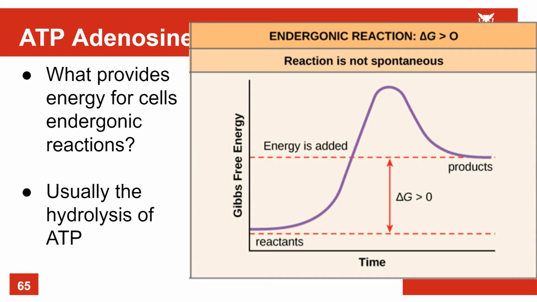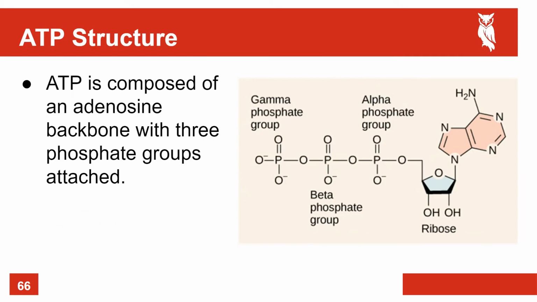So when delta G is greater than 0, what kind of reaction is it? Endergonic. If it's less than 0, it is exergonic. What is delta G? Change in free energy. Very good. Remember, endothermic and endergonic are relatively the same thing, except we're talking about energy instead of heat. Exergonic and exothermic are kind of the same thing.